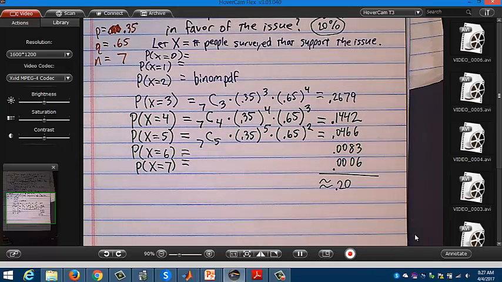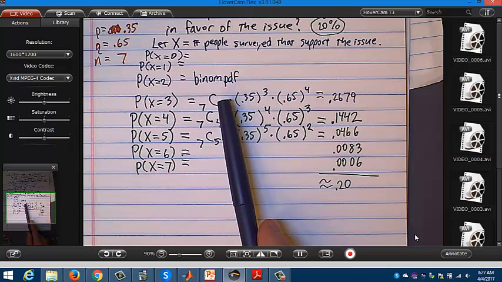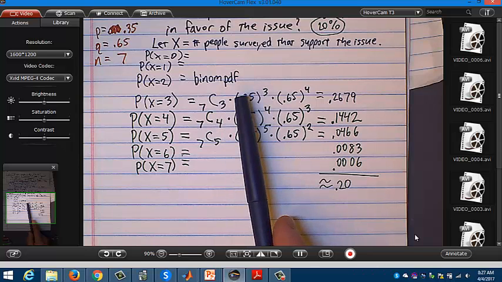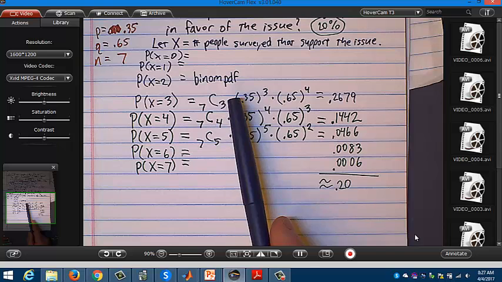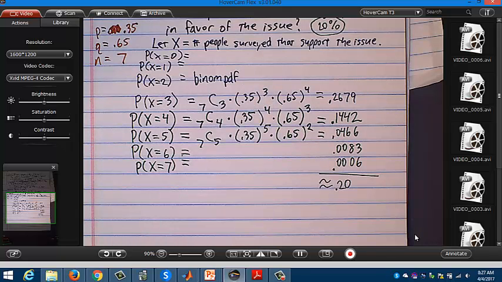You have to be sure if you're going to use the shortcut that you're doing binomial PDF. I don't think I told you what PDF stands for, did I? It's not the kind of file that everyone opens up by Adobe. No, what PDF is, it actually stands for something.